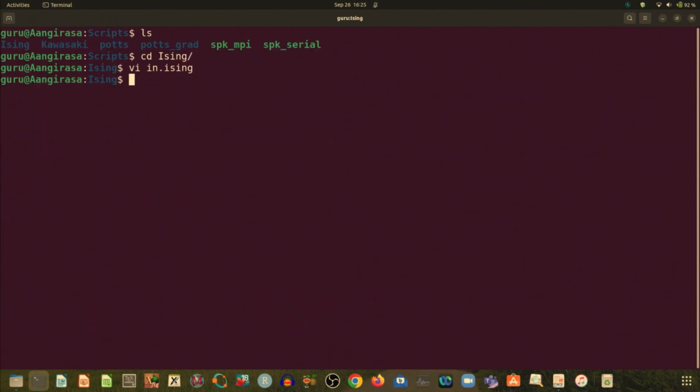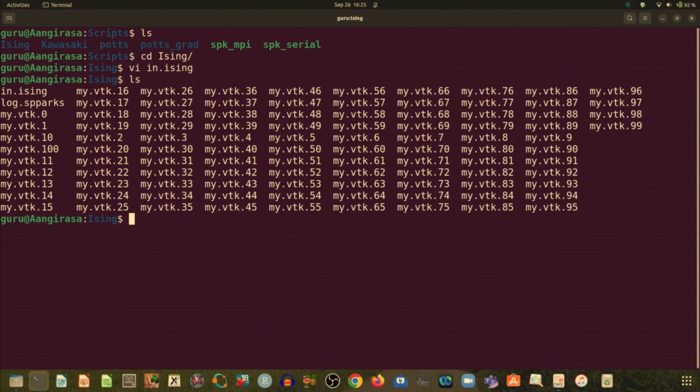Running the code is fairly easy. Okay. So, let me first run the serial and show you. Let me first remove all the output files, because this does not take much time to run.